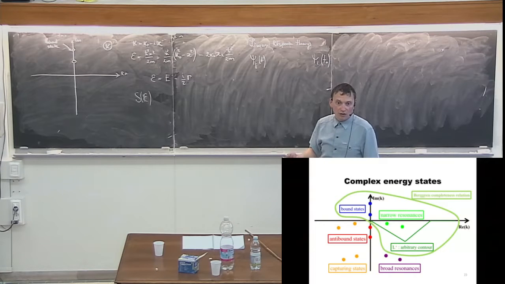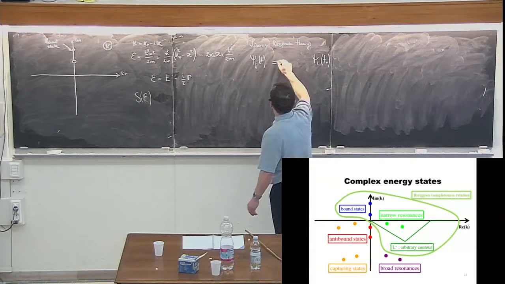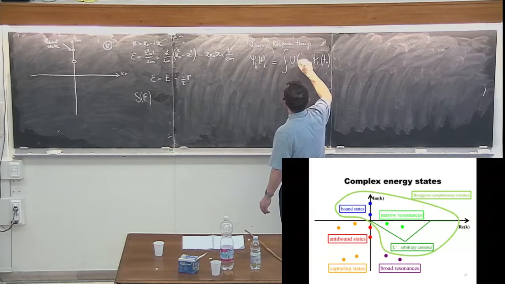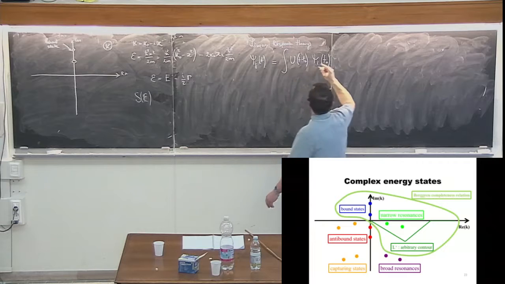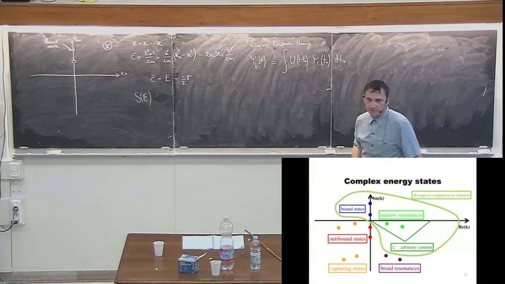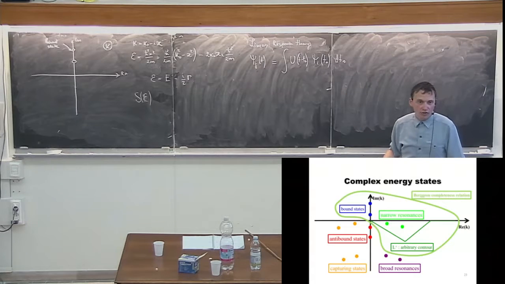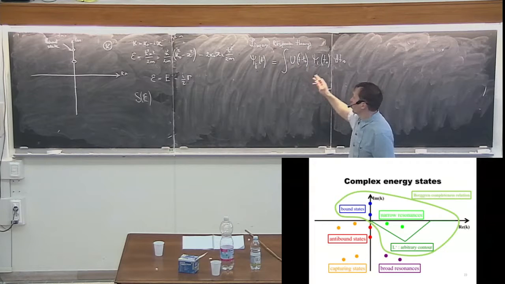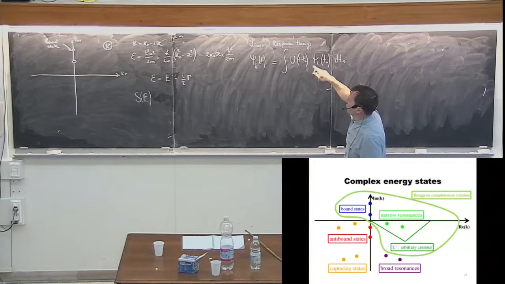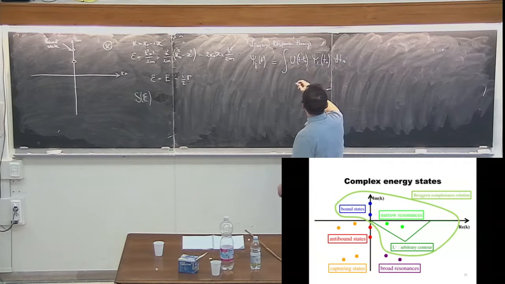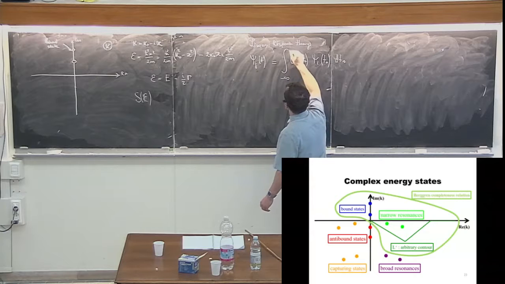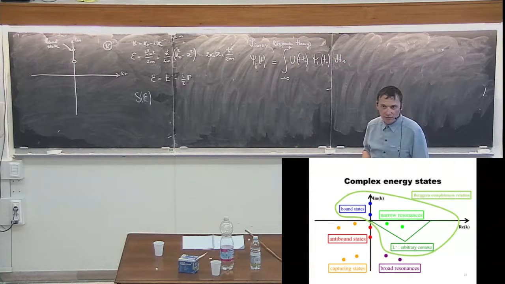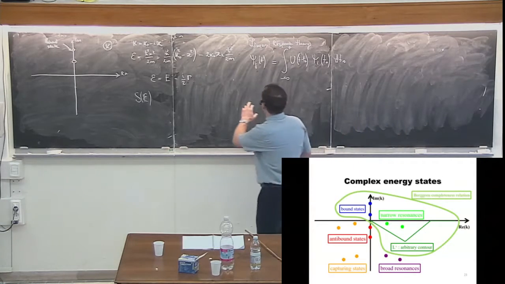This relation is linear, and the only way to express it is to define some evolution u of t minus t naught times psi initial dt naught, right? This is the most general linear relation between something that happens in the past and something that is now. And this kernel u tells me what contribution I have from each t naught going into the past. And this integral obviously goes from minus infinity up to my current time t. It cannot go into the future. All right, so this is the relation.